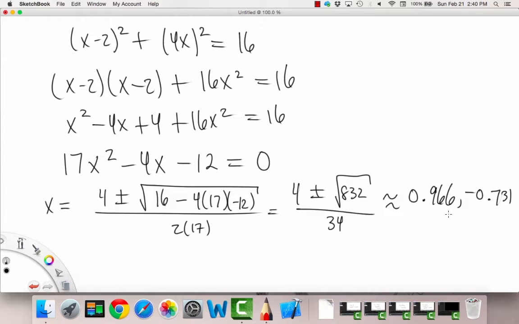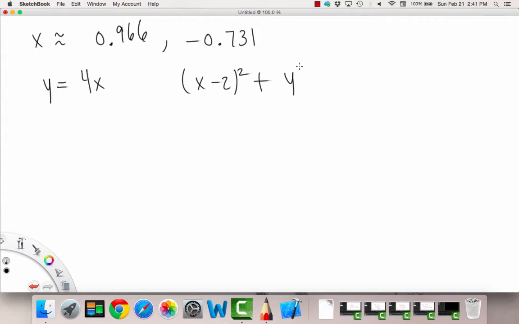Now what we're going to do is plug it into either of the original equations to solve for the corresponding y values. So let's do that on the next slide. We have x values of about 0.966 and negative 0.731. We can pick either y equals 4x, or the circle equation, to plug in our x and figure out the corresponding y.